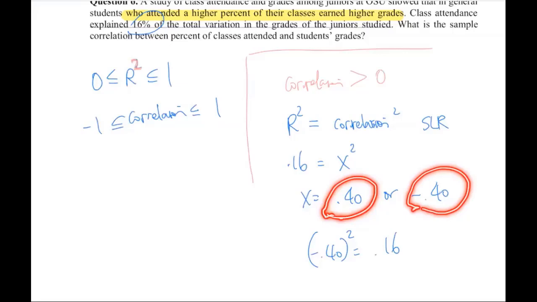Is this part clear, how I talked about this? If you only know the R square, you will not be able to tell right away whether it's positive or negative, because both of them give you the same R square. It is very important that you know whether it's a positive or negative relationship, so you want to look carefully at the context of the question.